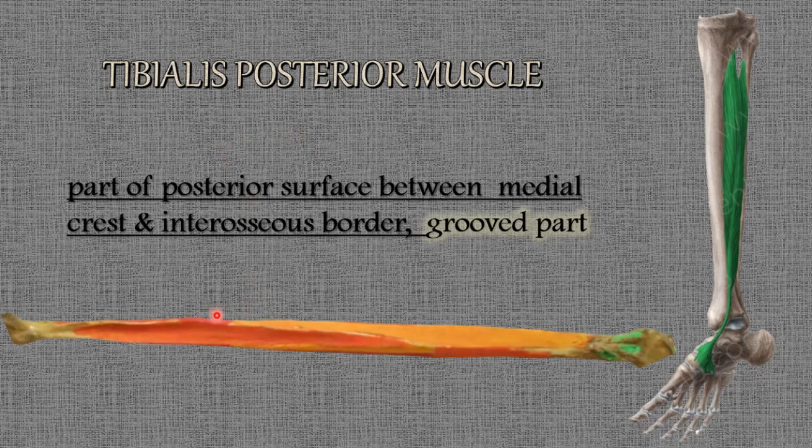Whereas the posterior flattened part which lies between the medial crest and posterior border gives origin in its upper 1/4 to the soleus, and the rest, the lower 3/4, gives origin to the flexor hallucis longus muscle.